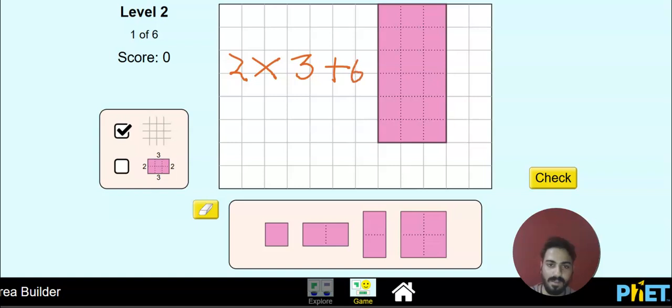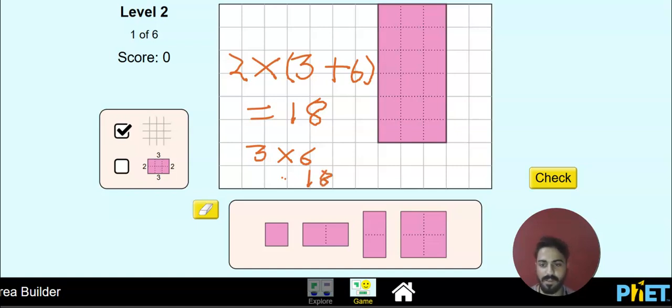Plus 6. So this is your perimeter formula and that will be 18. Similarly for area, that will be 3 into 6, and I know you know the answer, that will be again 18.